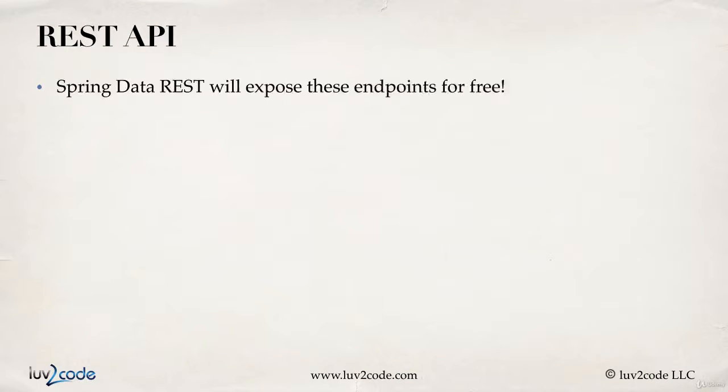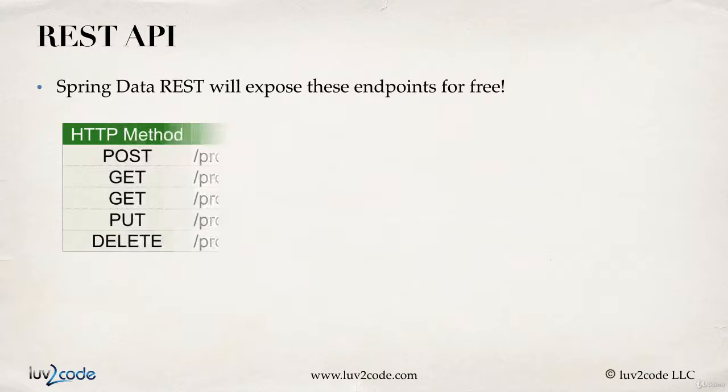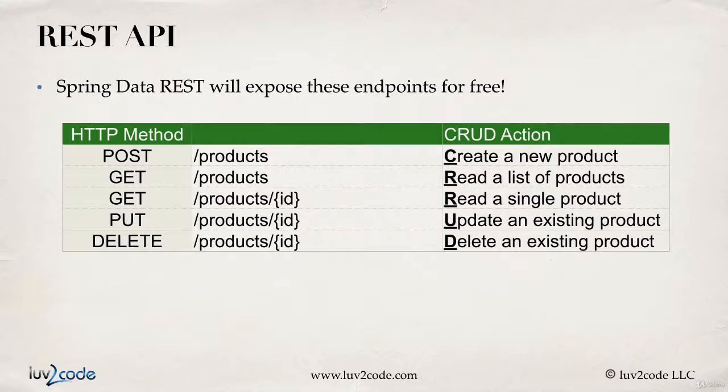The really nice thing here is that Spring Data REST will expose these endpoints for free. So we'll basically have a /products, and we'll have support for all the different HTTP methods for post, get, put, deletes. So this will give us all of our CRUD support for our given entities for creating, reading, updating, and deleting. So very minimal code here for exposing your REST API using Spring Data REST and also with Spring Boot.